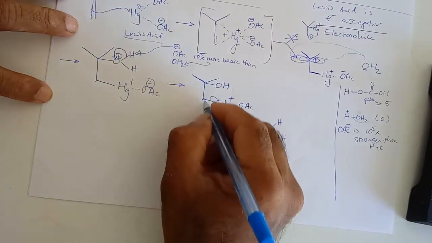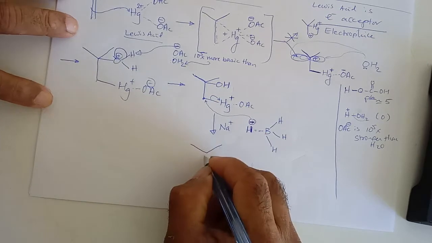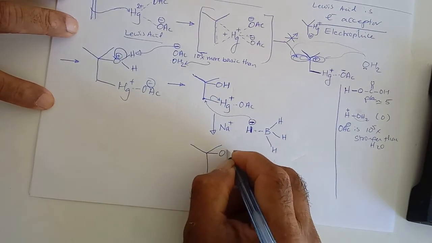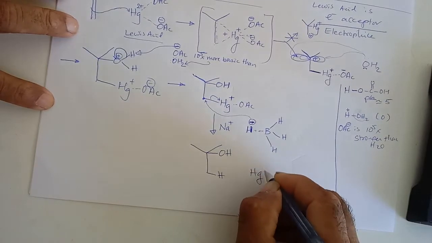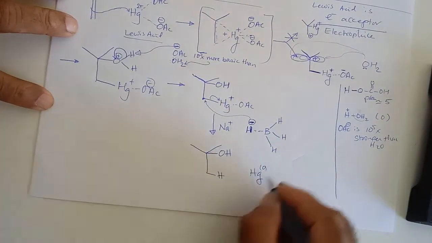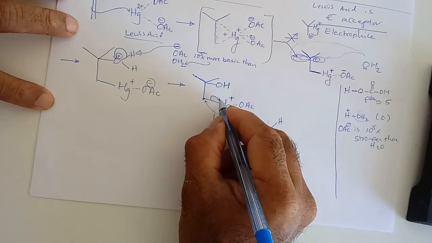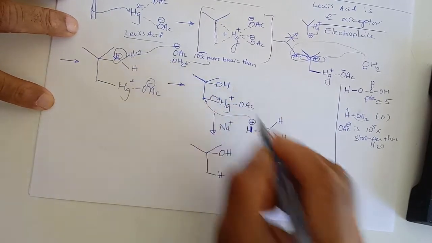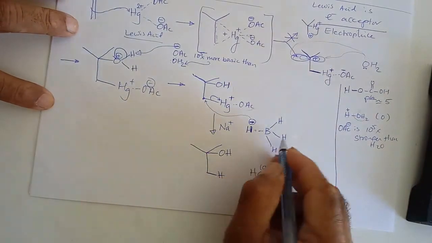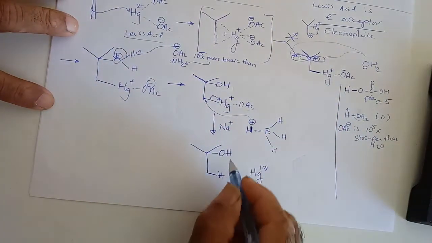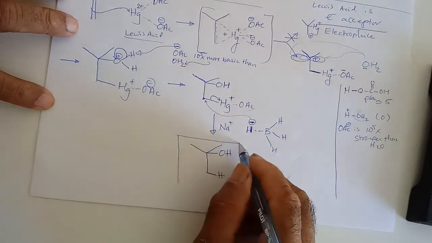Now if that actually happened, then you have OH and an H, and mercury must be neutral. Mercury must be neutral because it walked away with another electron. Then OAc is completely free to go anywhere. Okay? Now we don't worry about how it happened. The outcome is this.